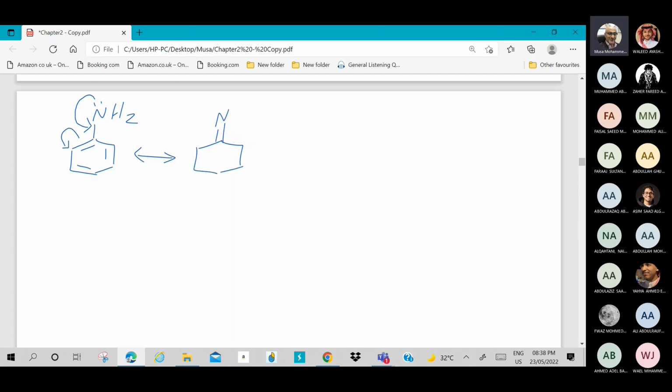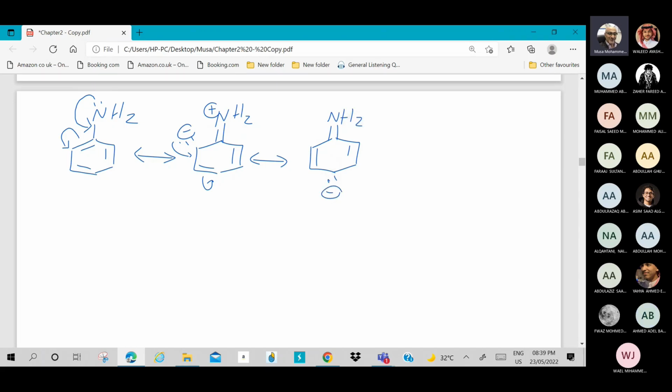This is double bond, NH2 and positive charge, and here you have negative, double bond, double bond. Another resonance form will be that this comes here, this moves in this direction, and now we have this double bond, double bond, double bond, NH2 lone pair. And then if you continue, there's another resonance form that is here, and here we have positive charge, of course.